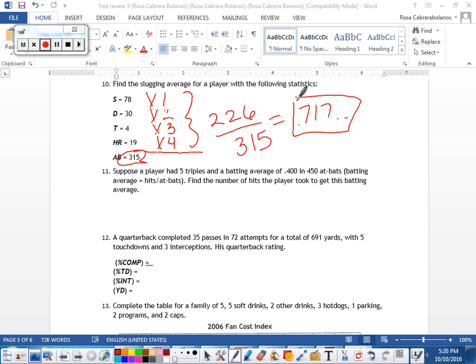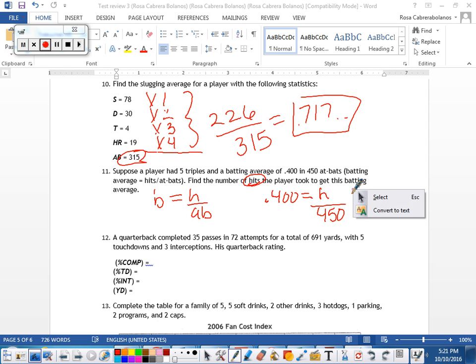Number 11, they're giving you a formula that the batting average is hits over at-bats, and they're telling you the batting average is 0.400, and then we don't know the hits because that's what we're looking for. And then number of at-bats is 450.